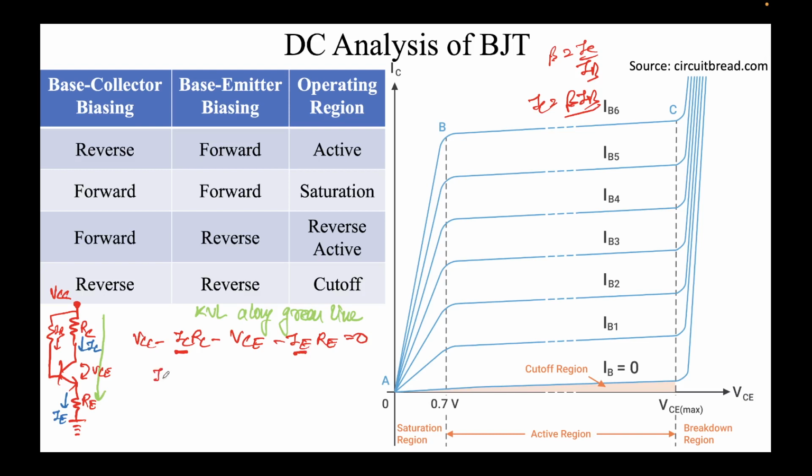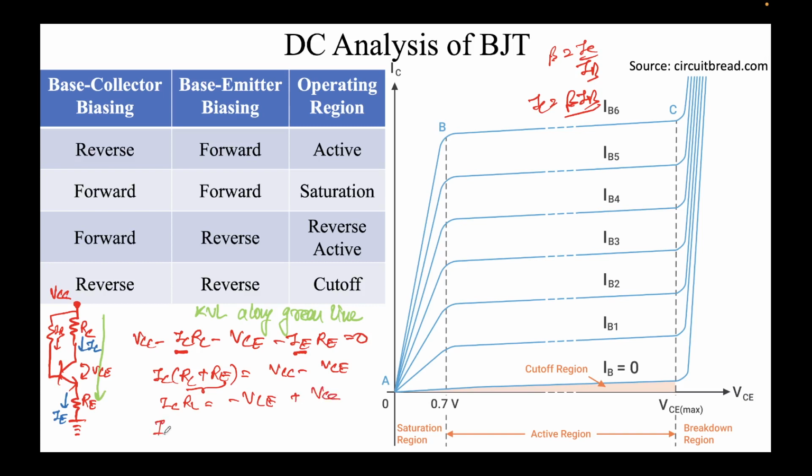So I'll get IC times (RC plus RE) equals VCC minus VCE, and let's call this term RL. So I'll get IC RL equals minus VCE plus VCC.